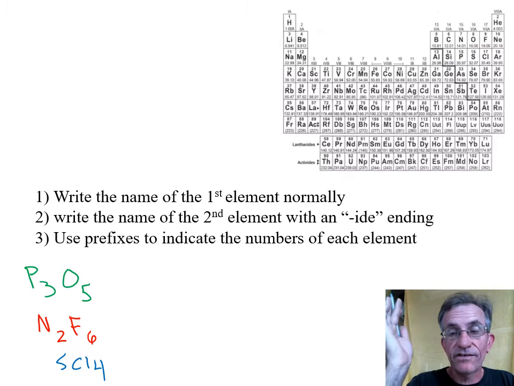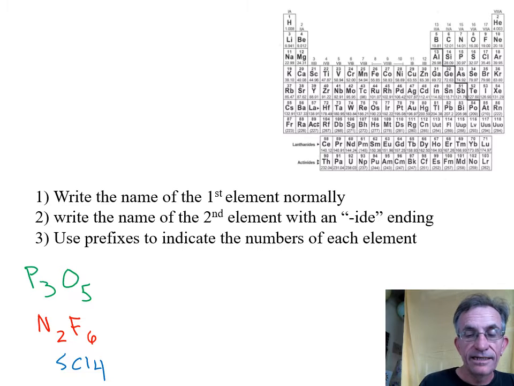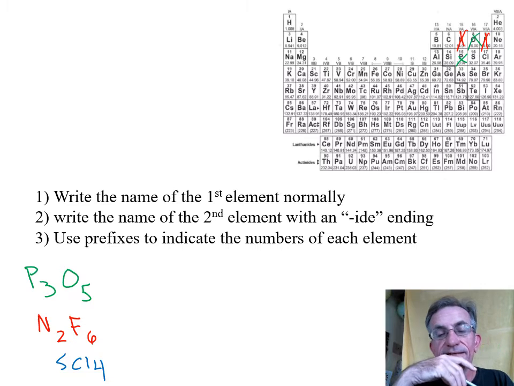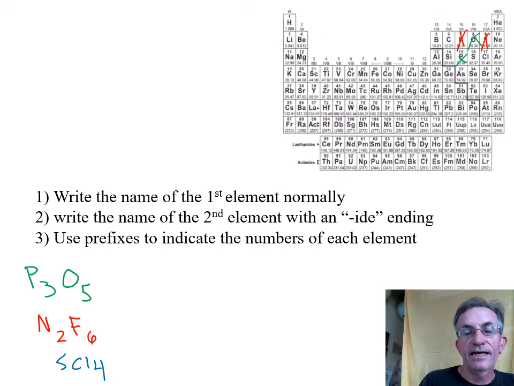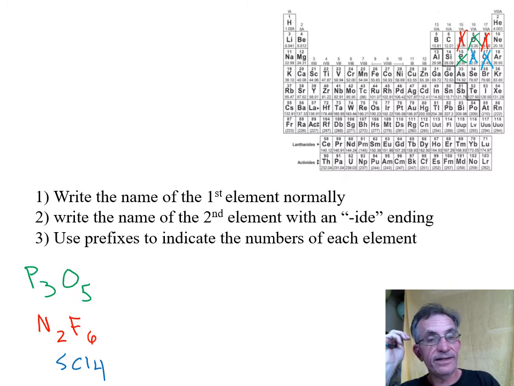First off, let's just confirm, am I right? Are they molecular? Before we get into this, let's double check. They should only involve nonmetals. P and oxygen, both nonmetals. The first one's molecular. The second one, N and F, both nonmetals, that's molecular. And our last one, S and Cl, both nonmetals. So yeah, all three of these are molecular.